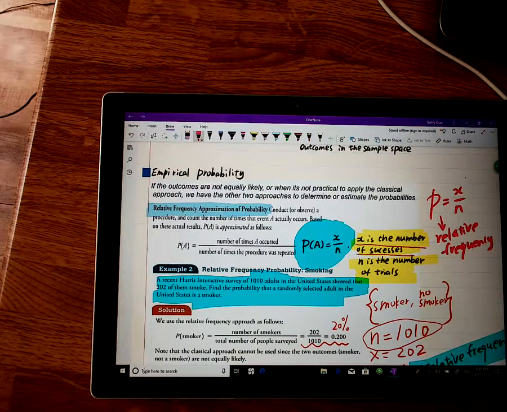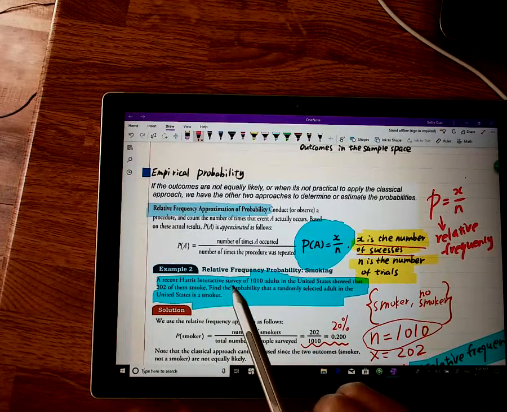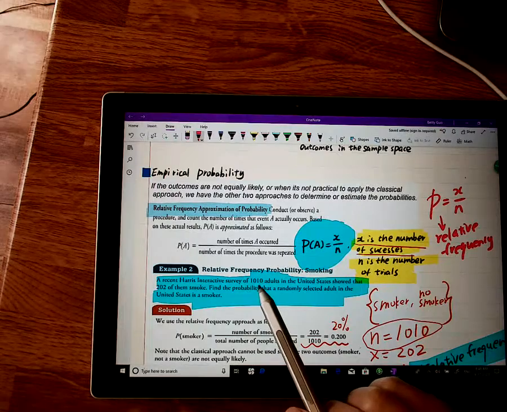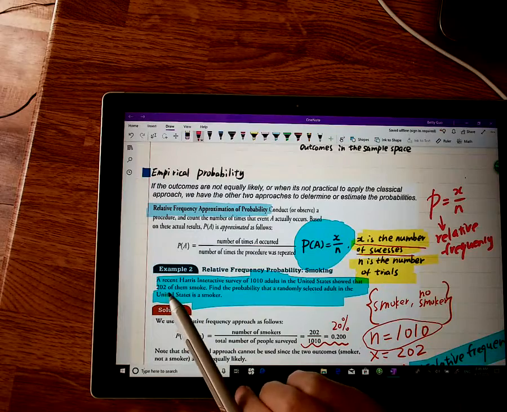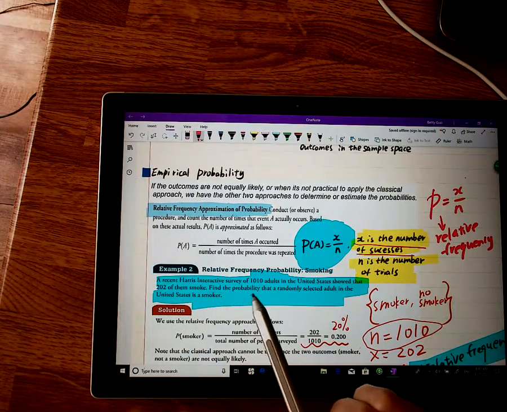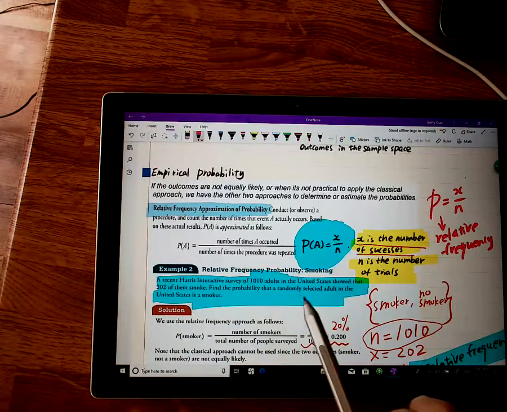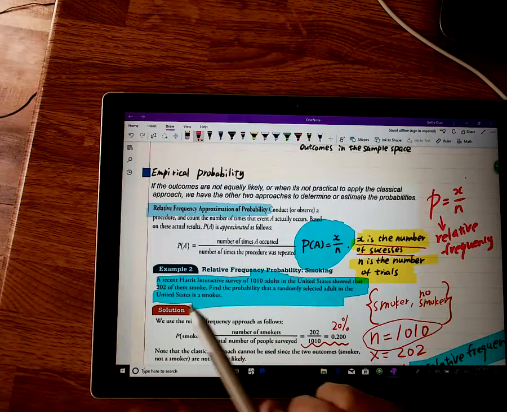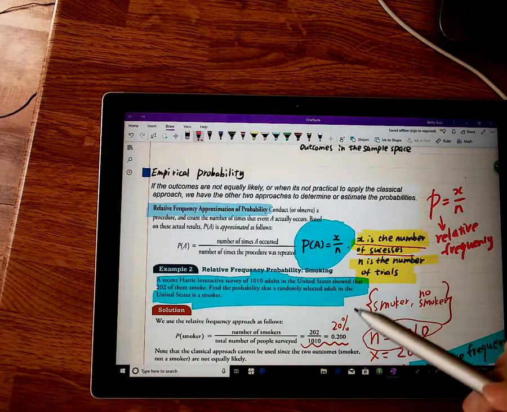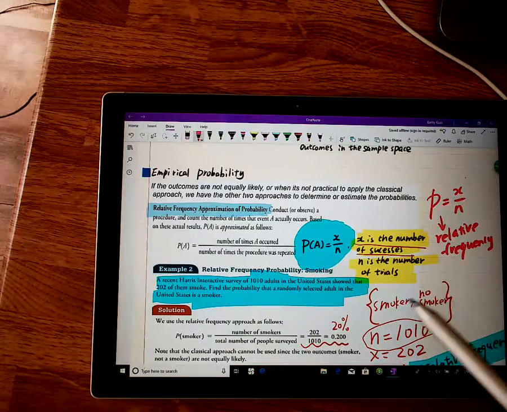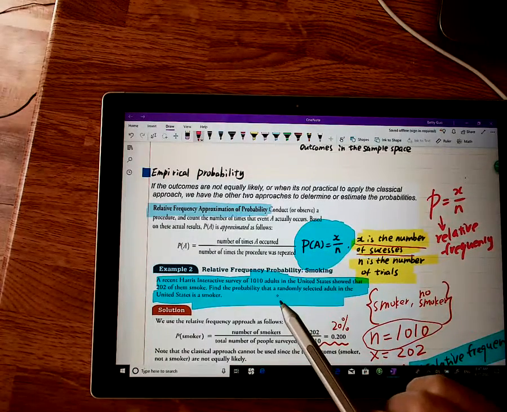Let's look at an example. A recent research of 1,010 adults in the United States showed that 202 of them smoke. Find the probability that a randomly selected adult in the United States is a smoker. Let's think about the experiment here.